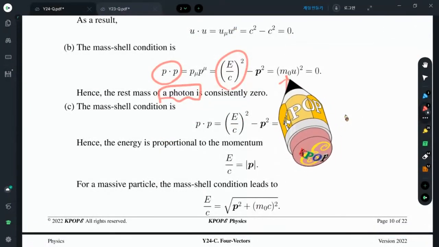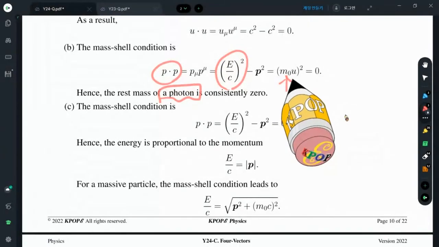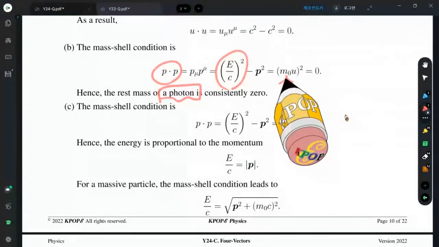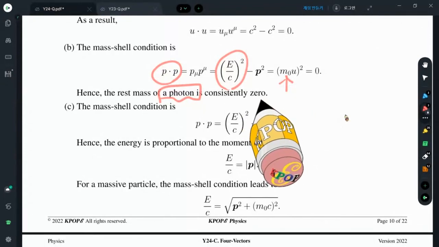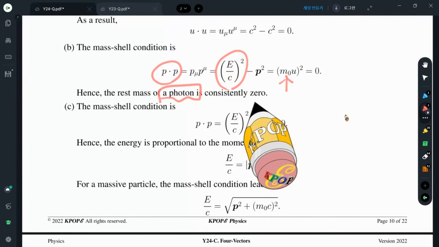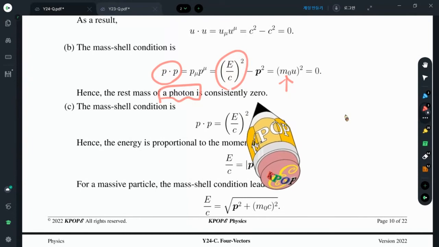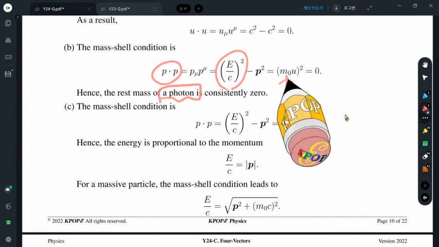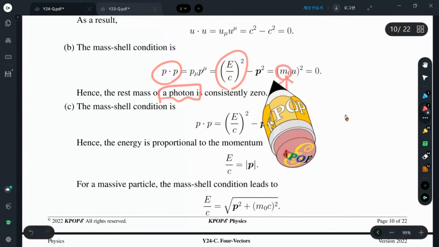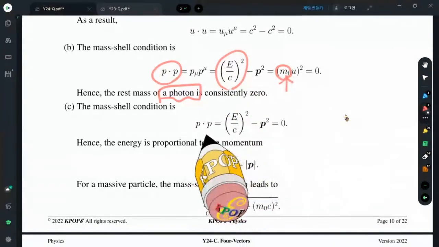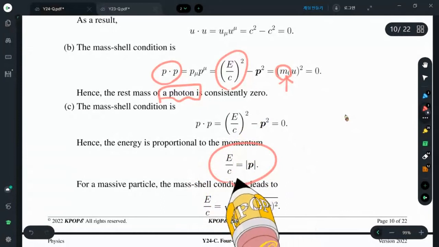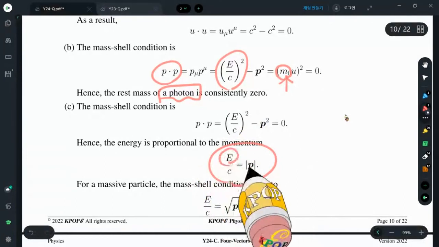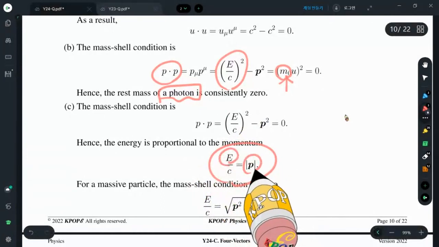If it is not 0, there should be a rest frame of a photon. But we have never seen a photon that is not moving. A photon is always moving with the speed of light. Therefore, the rest mass of a photon is 0. In that case, its energy and momentum are linearly dependent, proportional to the momentum.